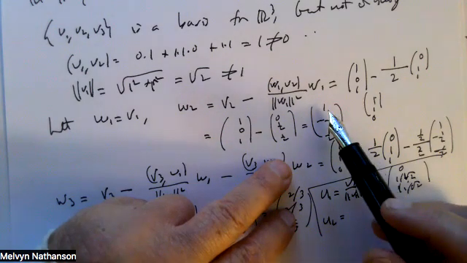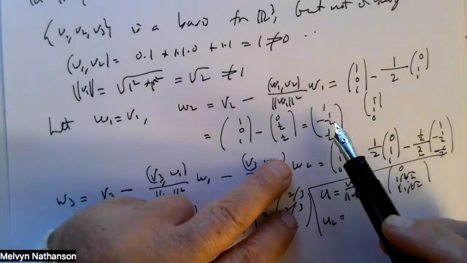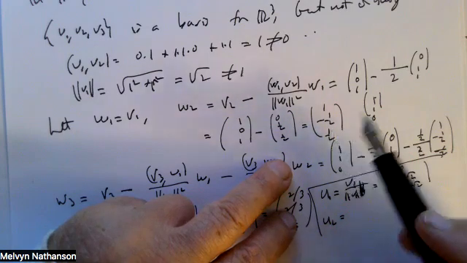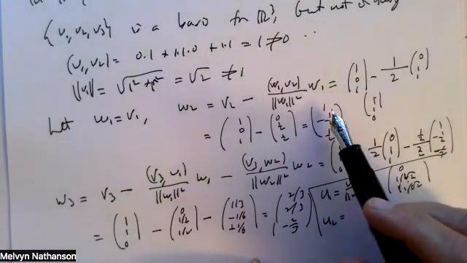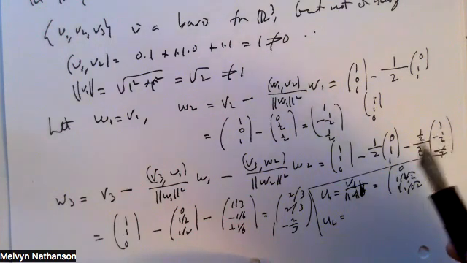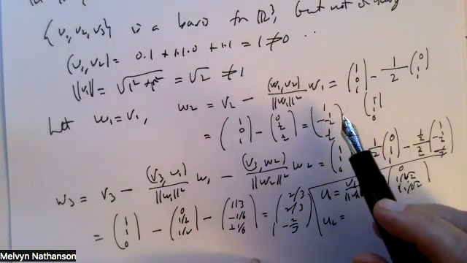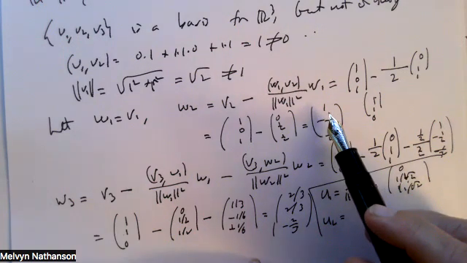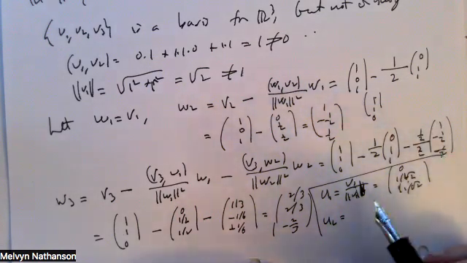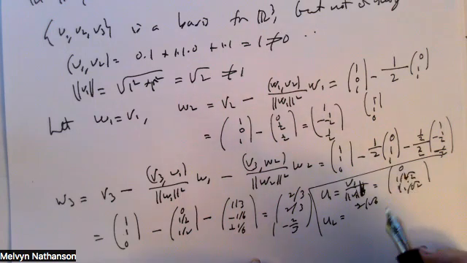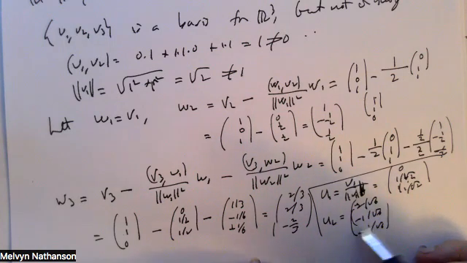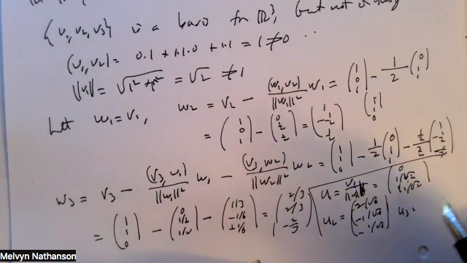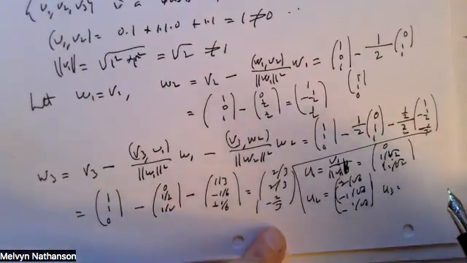This has length 1 plus a fourth plus a fourth, 3/2, square root of 3/2. So if I multiply this by the square root of 2/3, I get 2 over root 6, minus 1 over root 6, minus 1 over root 6. That's a unit vector.